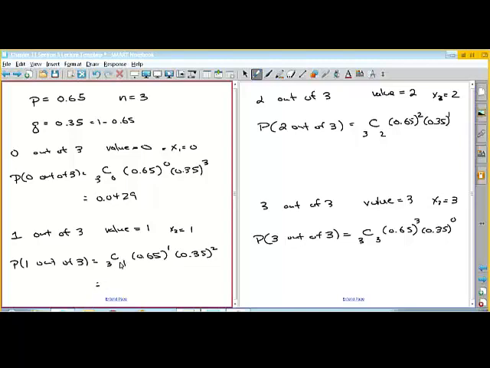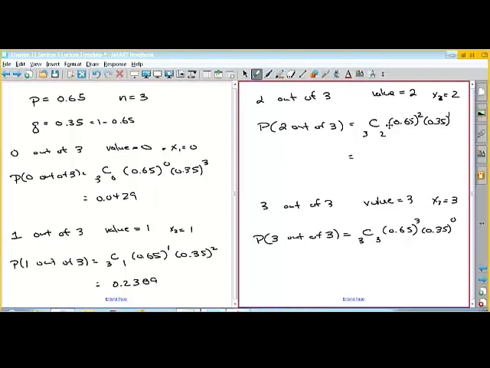And the second one, anything taken 1 at a time, is just the number that's at the beginning, so that's going to be 3. So I'll take 3 times 0.65 times 0.35 squared. So that ends up being 0.2389.